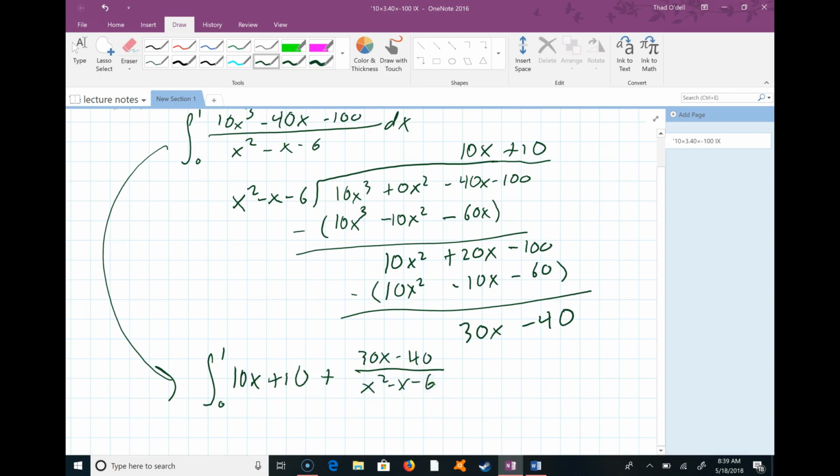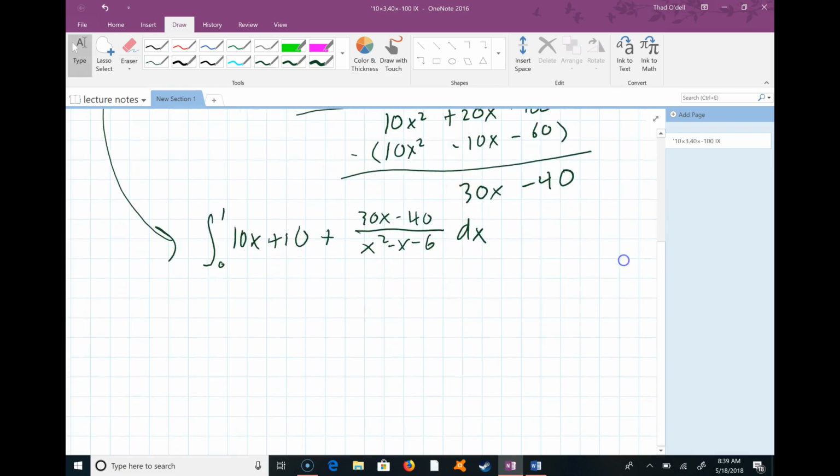Okay, so that's my new integral. And the reason why this is beneficial is because I can integrate 10x. So that's going to be 5x squared plus 10x evaluated from 0 to 1.